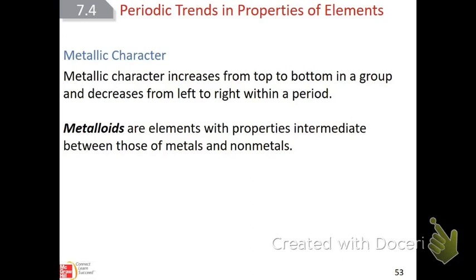So they're going to increase their metallic character going down a group, and it's going to decrease going across, because you understand they turn into nonmetals going across this way. So more metallic going down, less metallic going across. That makes sense, yeah?